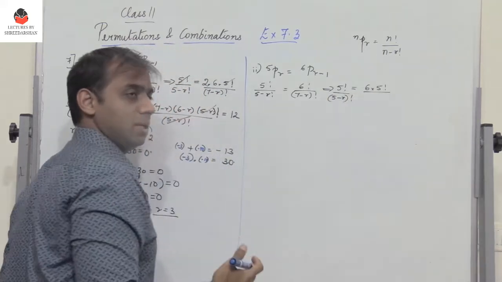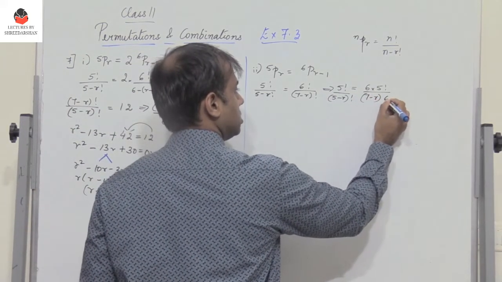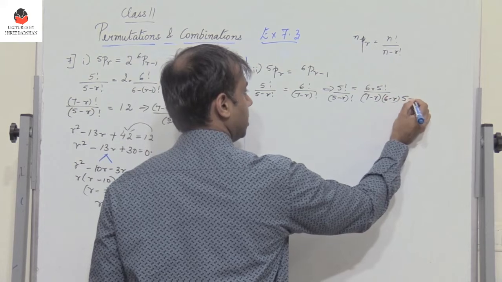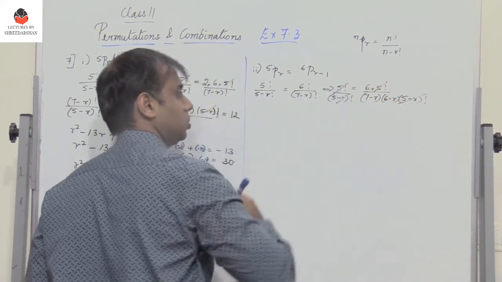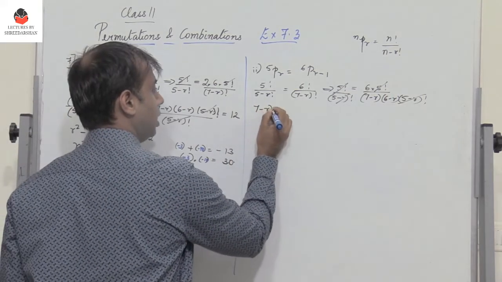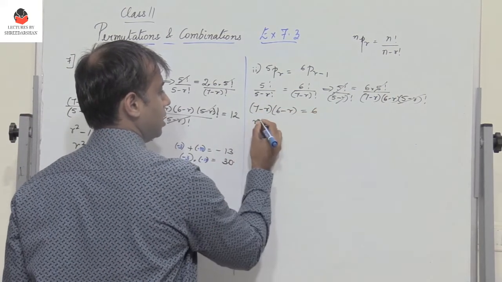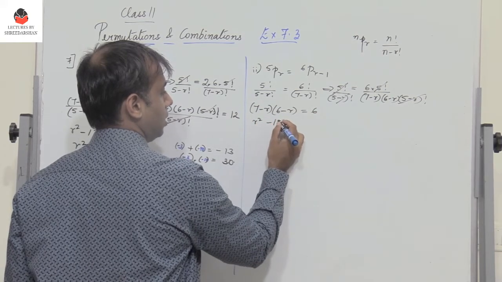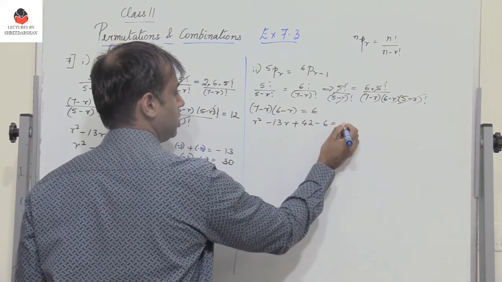Again, I write 7 minus r factorial as 7 minus r, 6 minus r into 5 minus r factorial, which gets cancelled, and 5 factorial also gets cancelled. So you have 7 minus r into 6 minus r equals 6. So you have r square minus 13r plus 42 minus 6 equals 0.